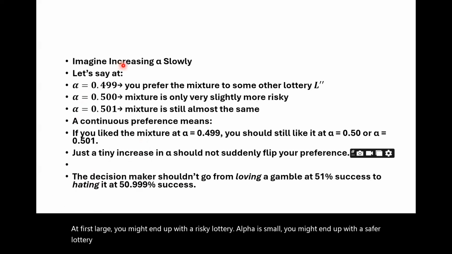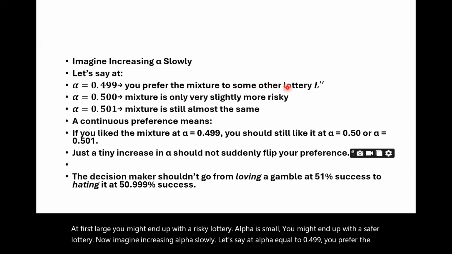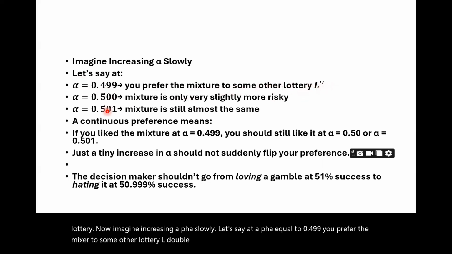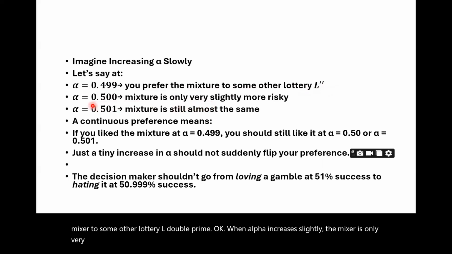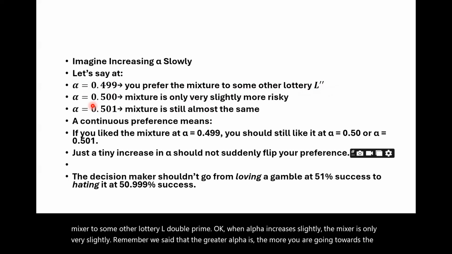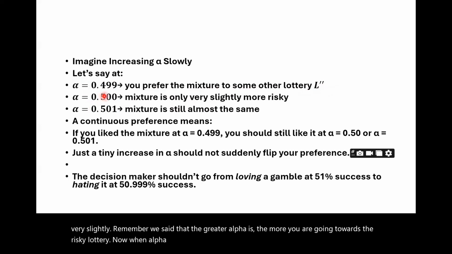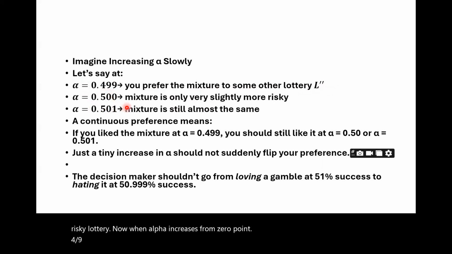Now imagine increasing alpha slowly. Let's say at alpha equal to 0.499, you prefer the mixture to some other lottery L double prime. Remember, the greater alpha is, the more you are going towards the risky lottery. When alpha increases from 0.499 to 0.500, the mixture is only very slightly more risky.